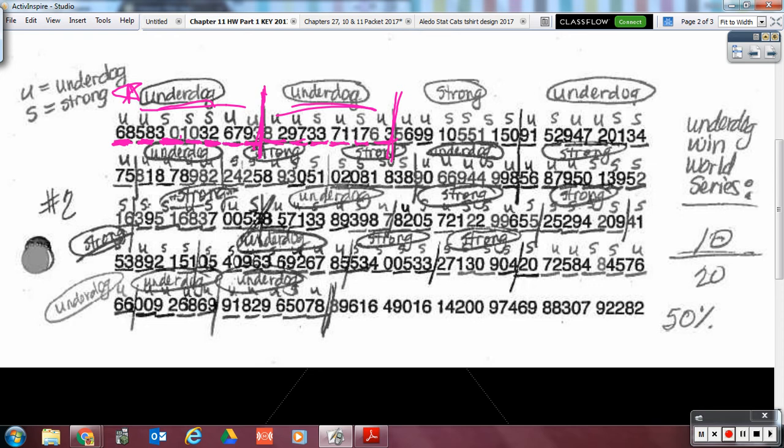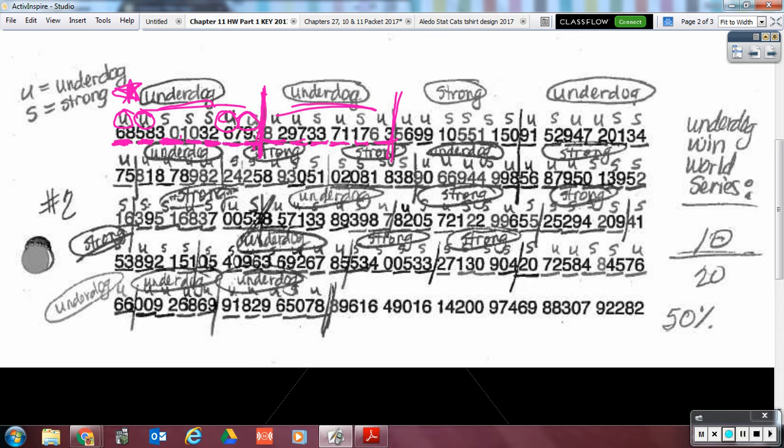So boom, I'm done with the World Series, because I have now gotten a team that won 4 games, and that was the underdog. That's the response: who won the World Series? Which team won 4 games, the underdog or the strong team?